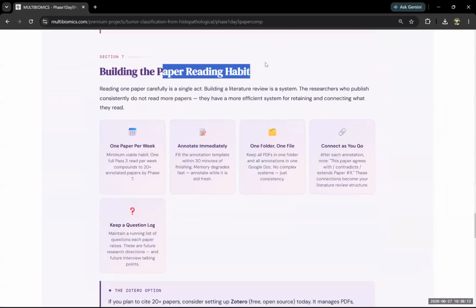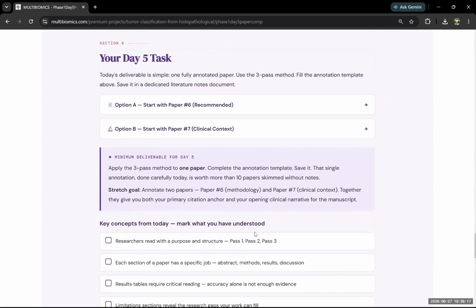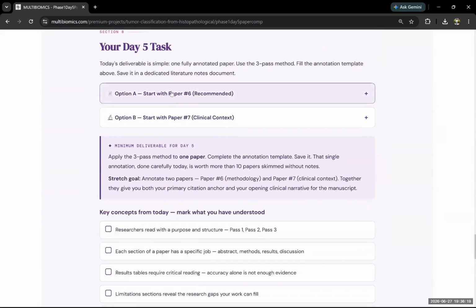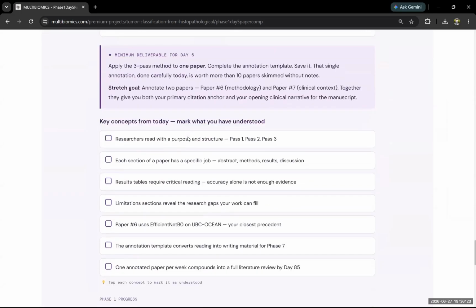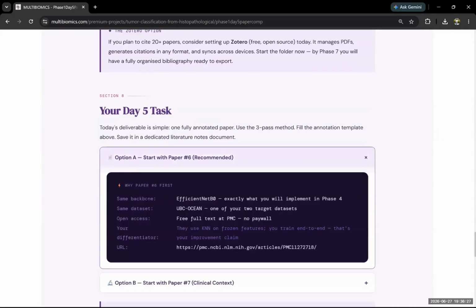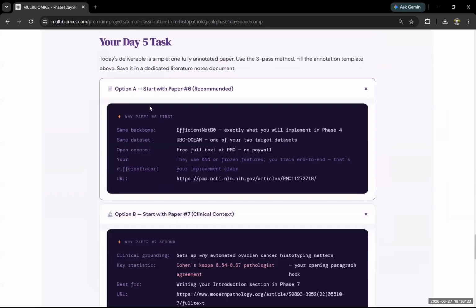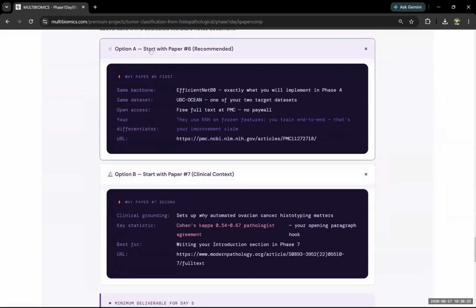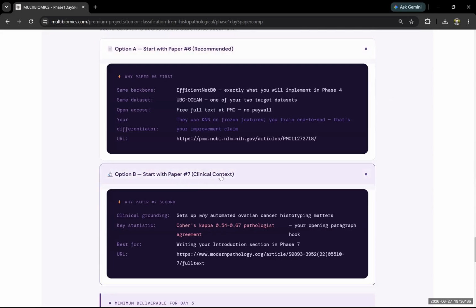Build the paper reading habit. One paper per week, all these things you can go by yourself. Your day 5 tasks are also given, but I've told you what task, you just do whatever task I have given to you. But if you are reading this, you have two options, two tasks. Either you can go with paper number 6 I have given to you, or paper 7 that is clinical context.